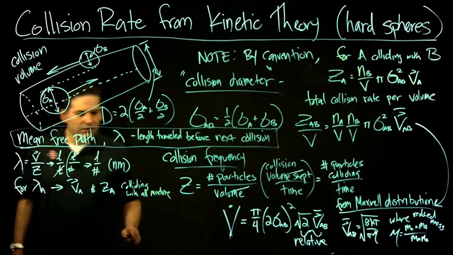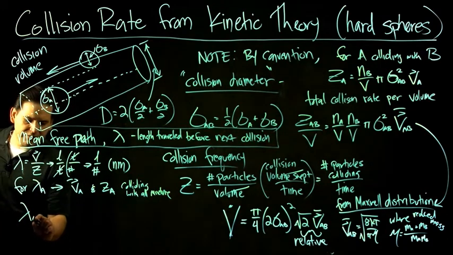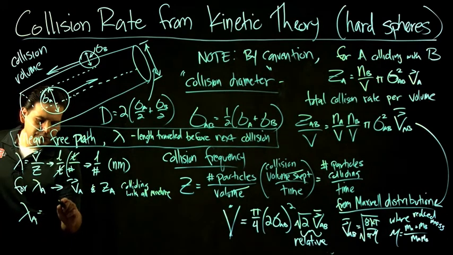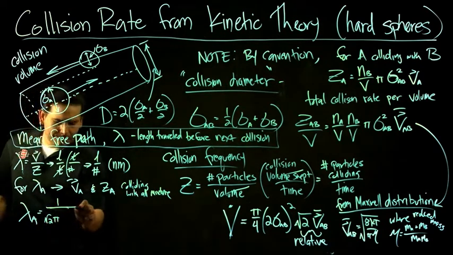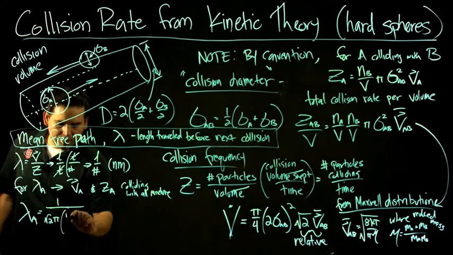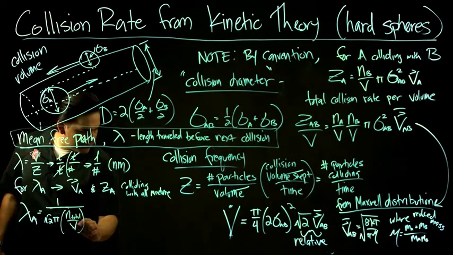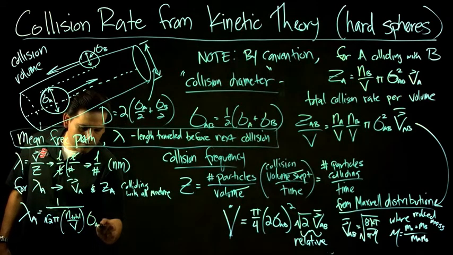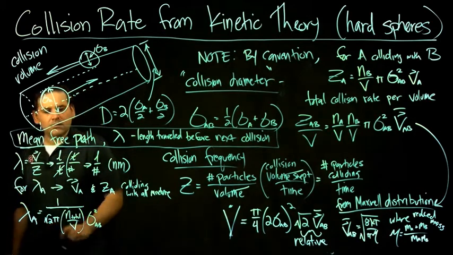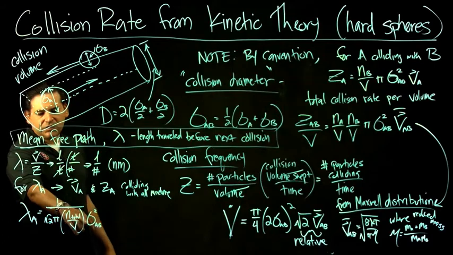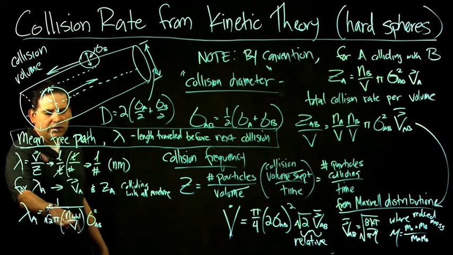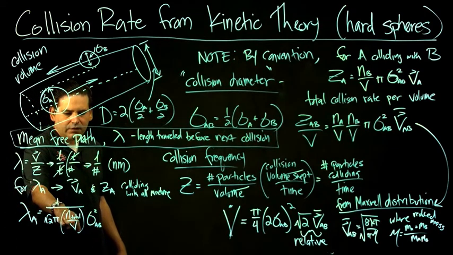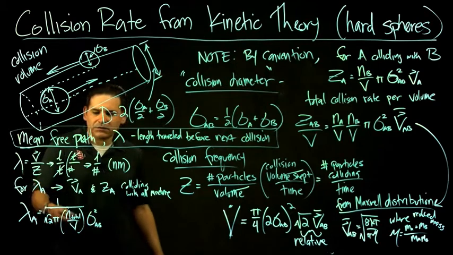So you would write that as the mean free path of A. So if this mixture is just A and B, you'll define its collision diameter like this, and it depends on the total number density of A and B, and this relative velocity term.